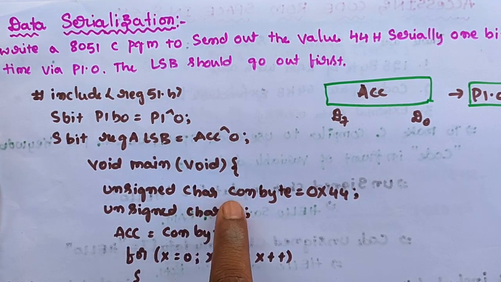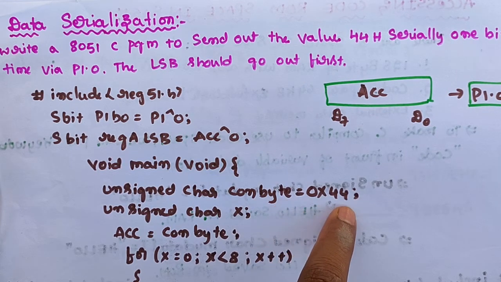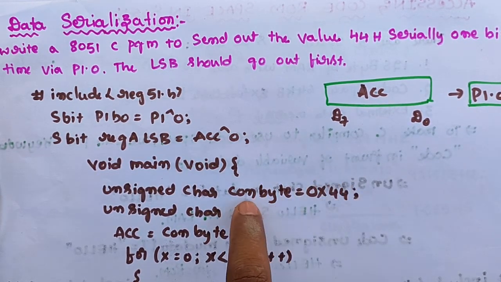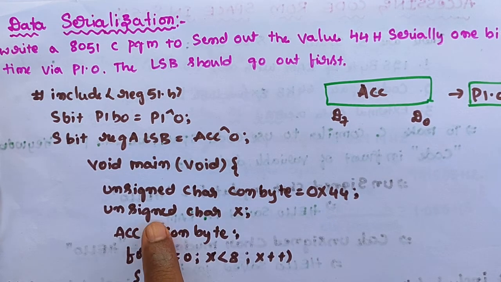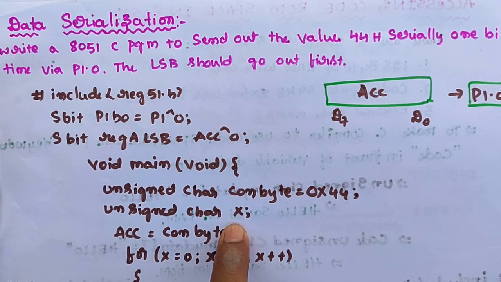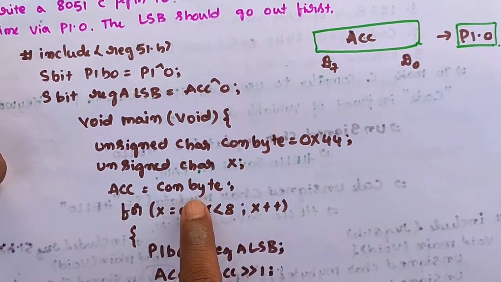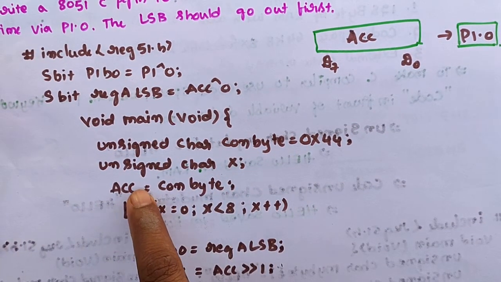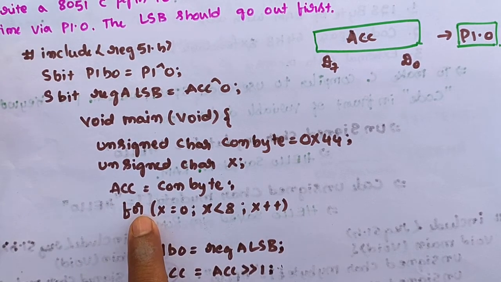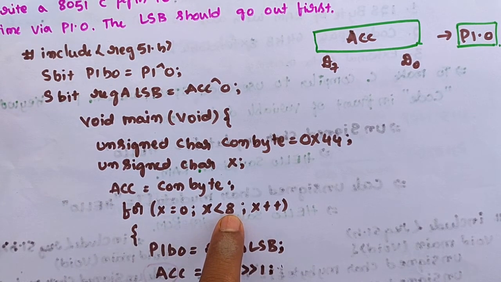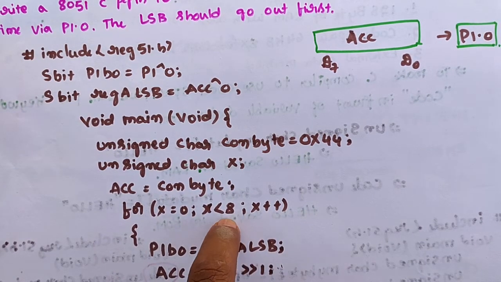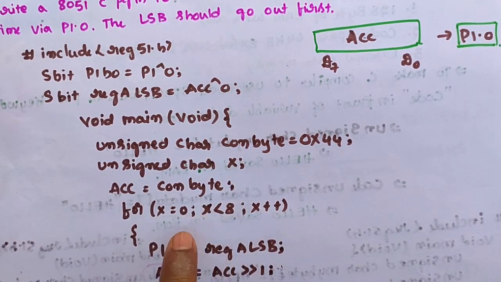After that, unsigned char conbyte, the data you are going to transfer, is assigned, and unsigned char x, and the accumulator equals the conbyte. We transfer the content to the accumulator, and we need to perform this operation 8 times because it is 8 bits of data.